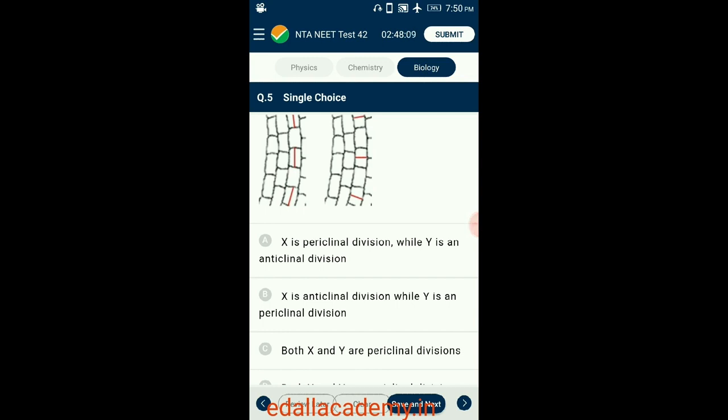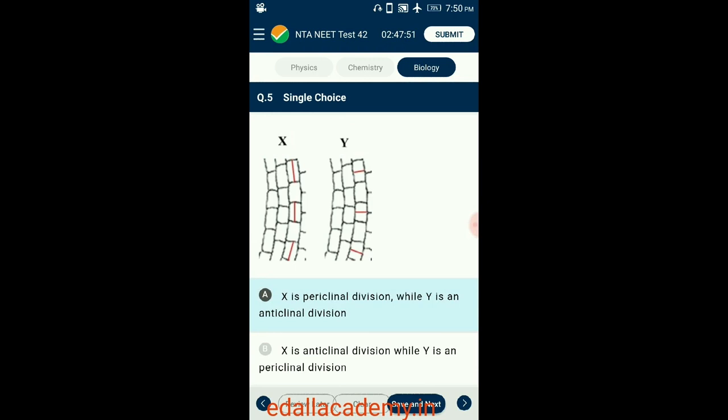Anticlinal division is a type of division in which the plane of division is perpendicular to the plane of the tissue. Due to the periclinal division, we get many rows of cells. So the correct answer for this question is option A. In the given diagram, X is periclinal division, Y is anticlinal division. So the correct option is A.